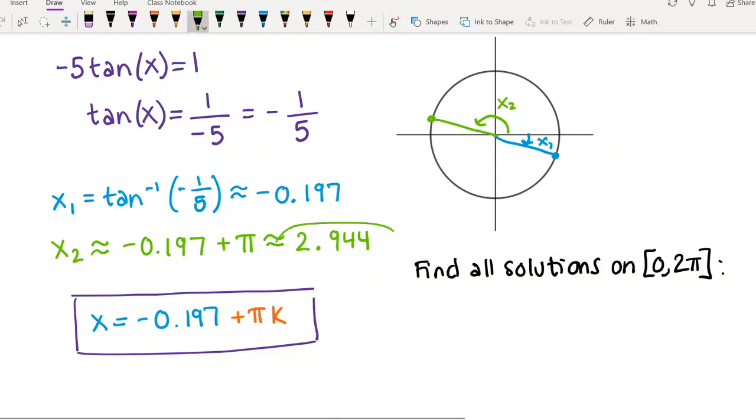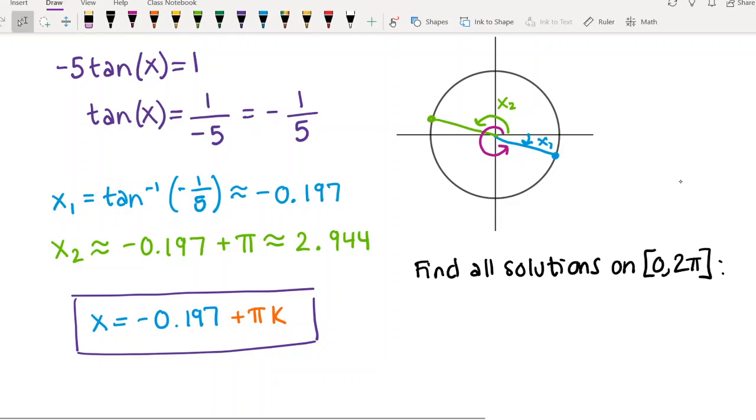This one is fine. But the one that we found up here is actually not between 0 and 2 pi. So how would we convert that into an angle that is between 0 and 2 pi? Well, that would be if we instead measured it this way.